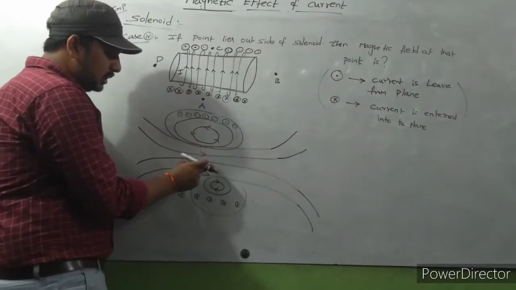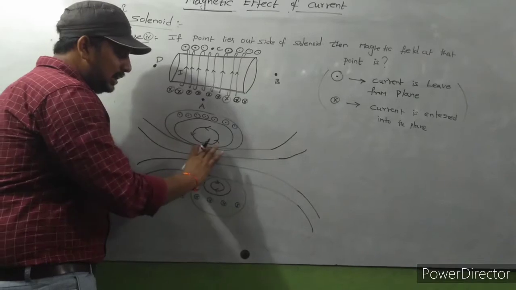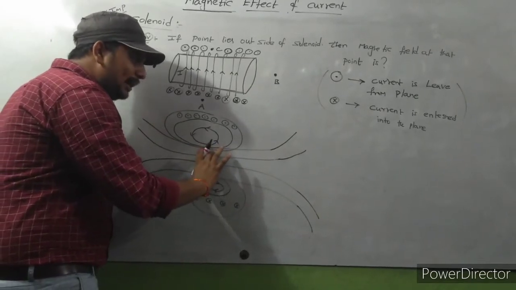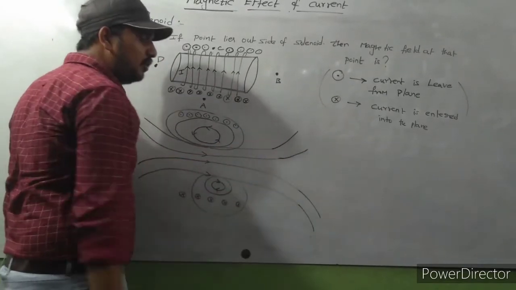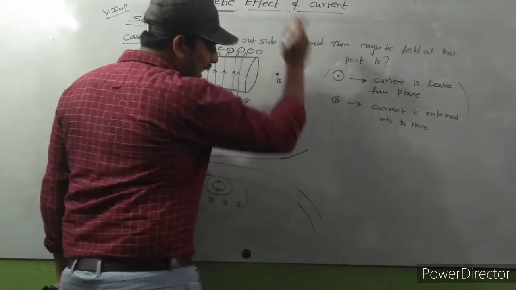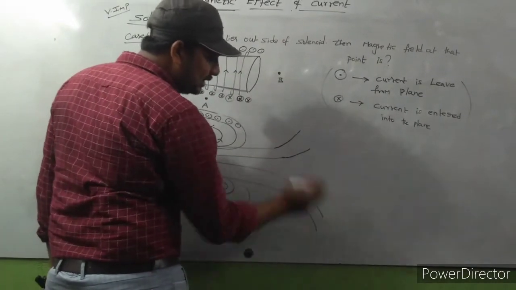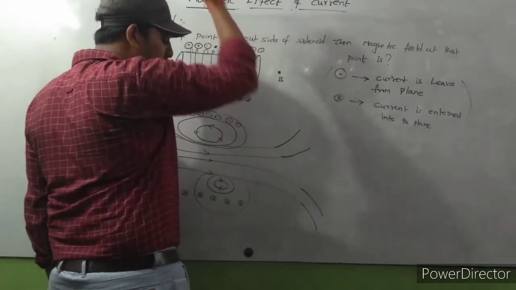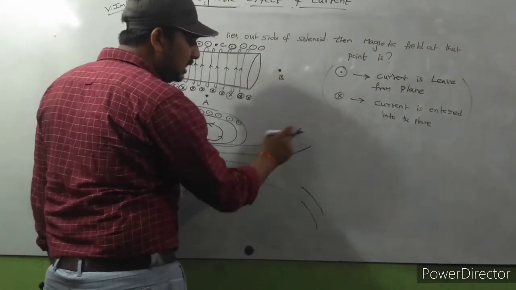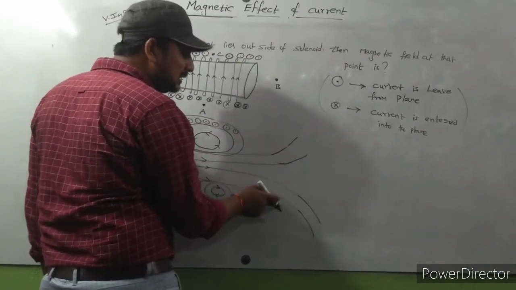They are closer, so the strength of the magnetic field is high. Here the field is uniform magnetic field, but here the field is non-uniform magnetic field. Two lines go upside and two lines go downside. Here the direction is upward, here the direction is downward. That's why these two lines are going to be cancelled.